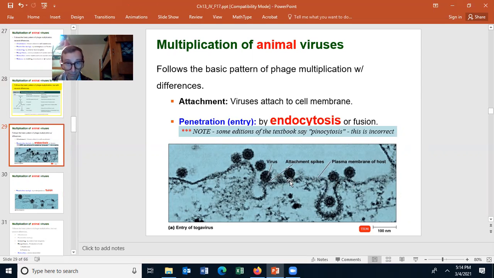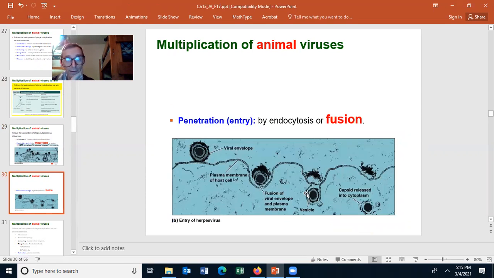Let's pretend this was an envelope virus, and then it fuses. The envelope of the virus then becomes part of the cell membrane. That's not shown correctly, so let's go to the next one. Right here, they can fuse together, and then the cell membrane just reforms, and then the virus is dumped inside the cell. Is that clear?